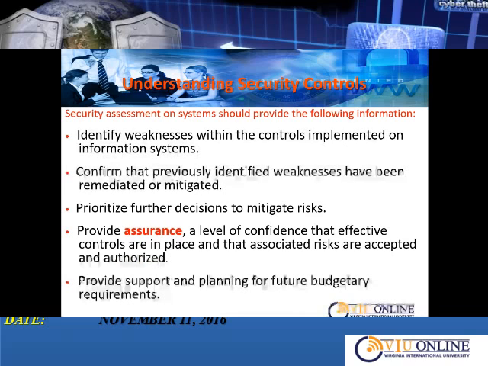Understanding security controls involves the following: security assessment on systems should provide information such as identifying weaknesses within the controls implemented on information systems, confirming that previously identified weaknesses have been remediated or mitigated, prioritizing further decisions to mitigate risk, and providing assurance, which is a level of confidence that effective controls are in place and that the associated risks are accepted and authorized, and also providing support and planning for future budgetary requirements.